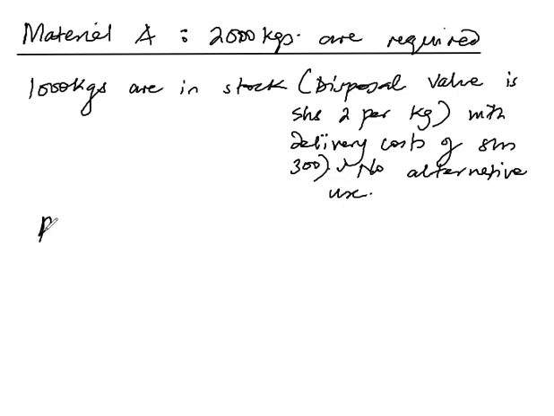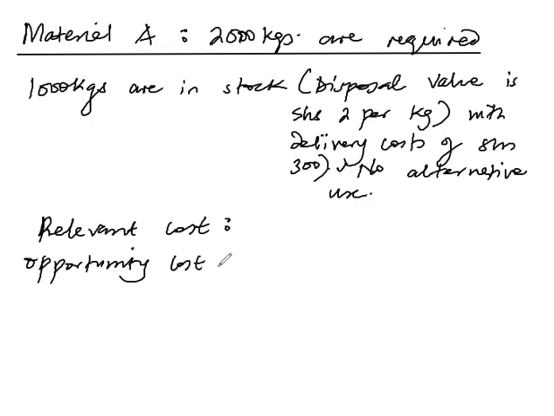Now, what's the relevant cost for this material A? First of all, there is an opportunity cost. There are 1,000 kilograms. If they use them on the contract, we lose their scrap value. The scrap value will be 1,000 kgs times shillings 2.